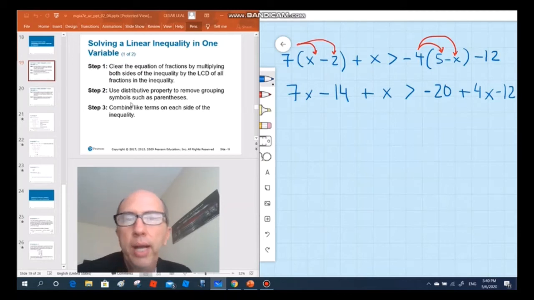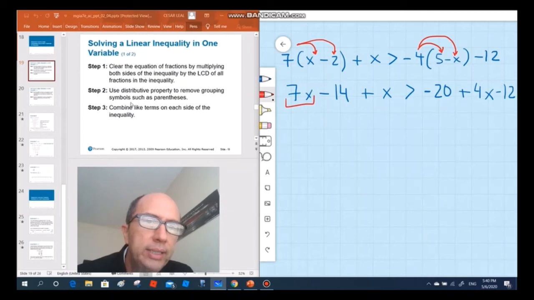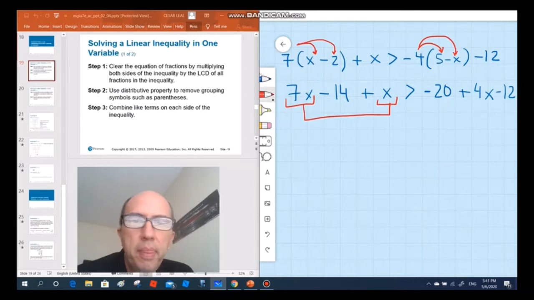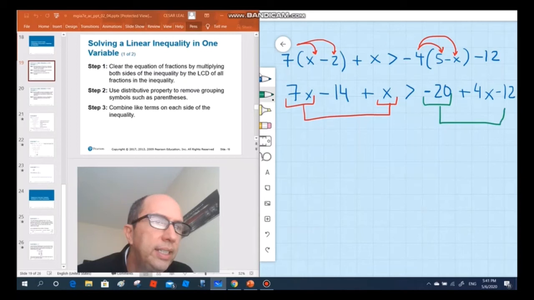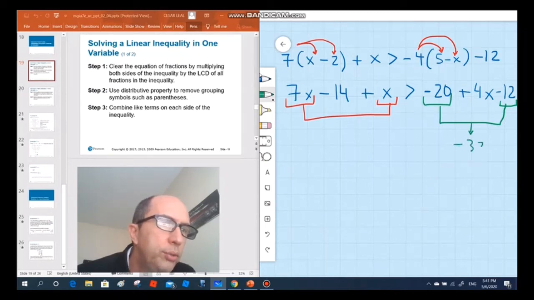Combine like terms. Now we have like terms to combine. We have this and that. And we have this and that. So combining these like terms here, negative 20 minus 12, negative 32.